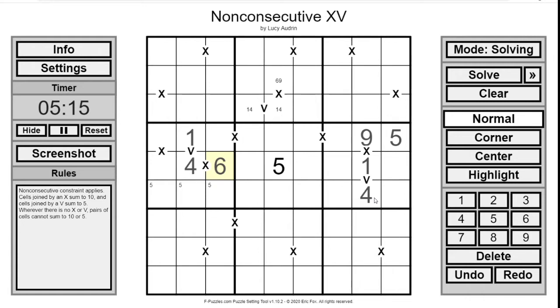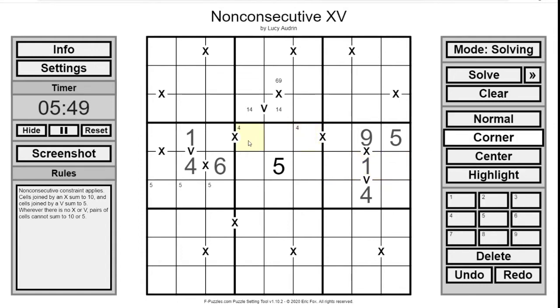Let's see. Can I do any more logic? I just got a lot of things, so I want to sort of think about what they mean. First off, 3s are somewhat restricted in this box. 2s are restricted as well. 4 must be either here or here.